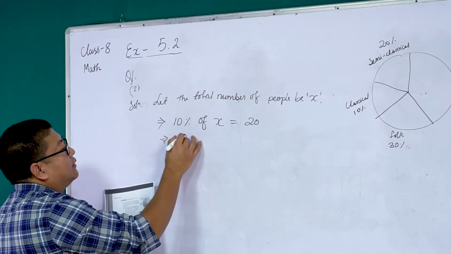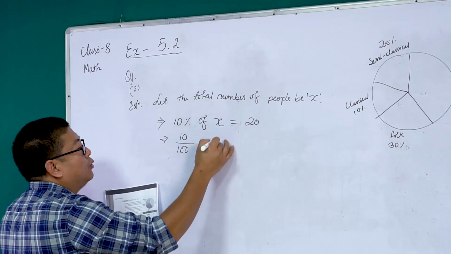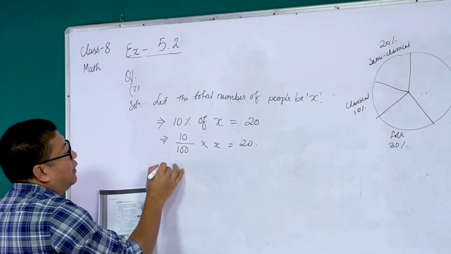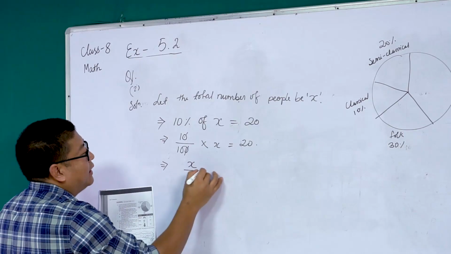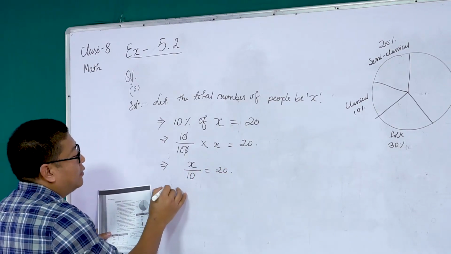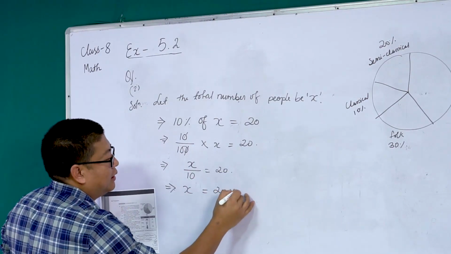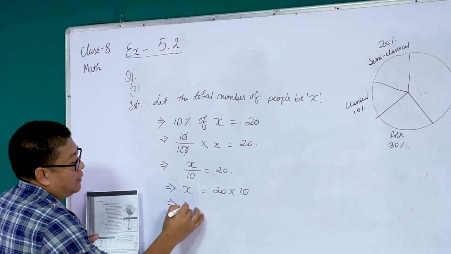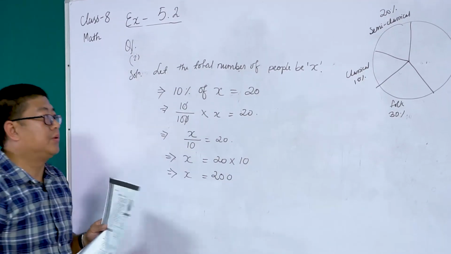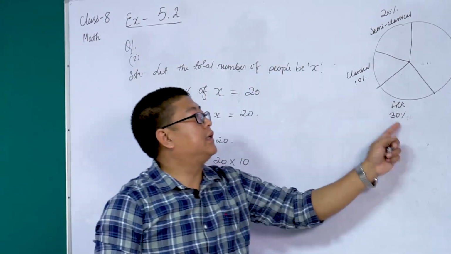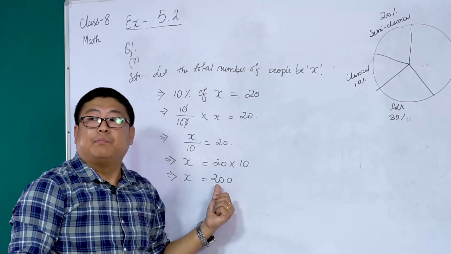This is nothing but 10 by 100 into X is equal to 20. Remove the percentage, divide by 100. You can cancel the zeros. Now you have X by 10 is equal to 20. Therefore, when you divide on one side, it becomes multiply on the other. So simple multiplication, 2 into 1 is 2, 2 zeros. That means the total number of people, 30%, 40%, 20%, when you add up all this, is 200 people.